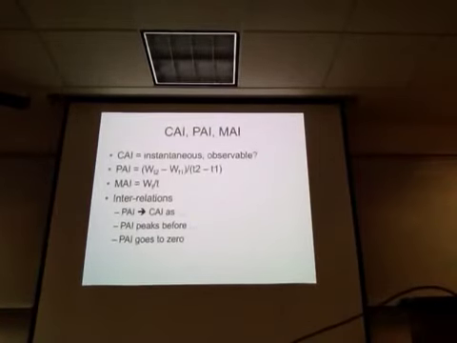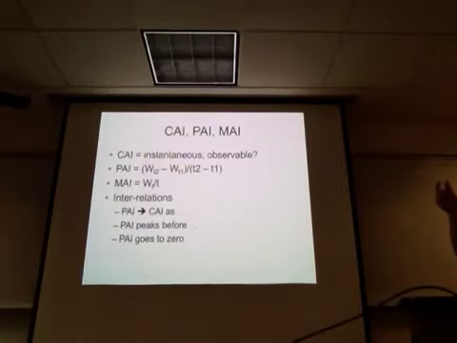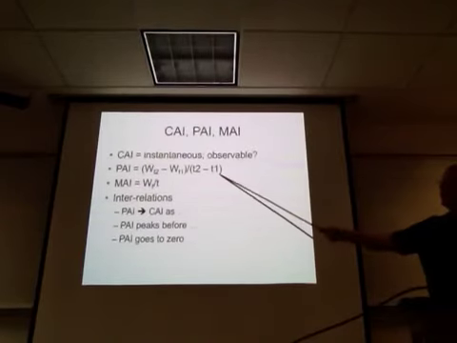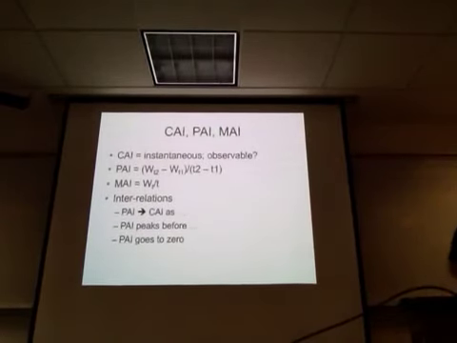Time decreases? Yeah, the width of the time interval goes to 0. That's the definition of a derivative, right? We let that change in time go to 0. So the shorter the interval width we use, the closer the PAI curve will be to the CAI curve.